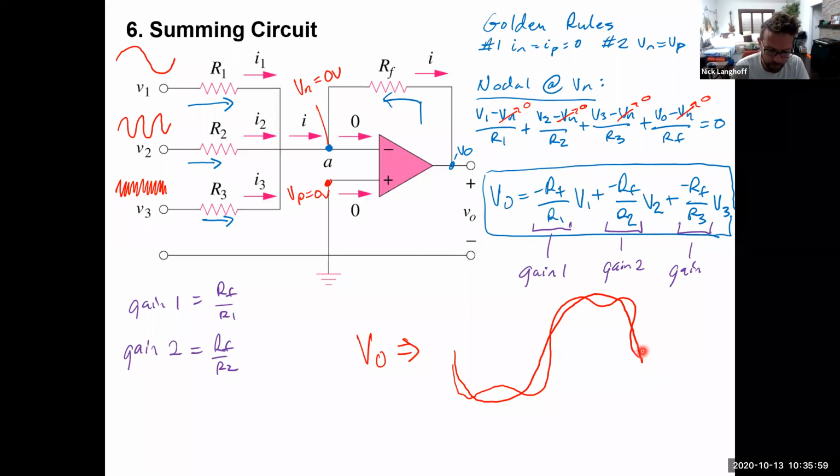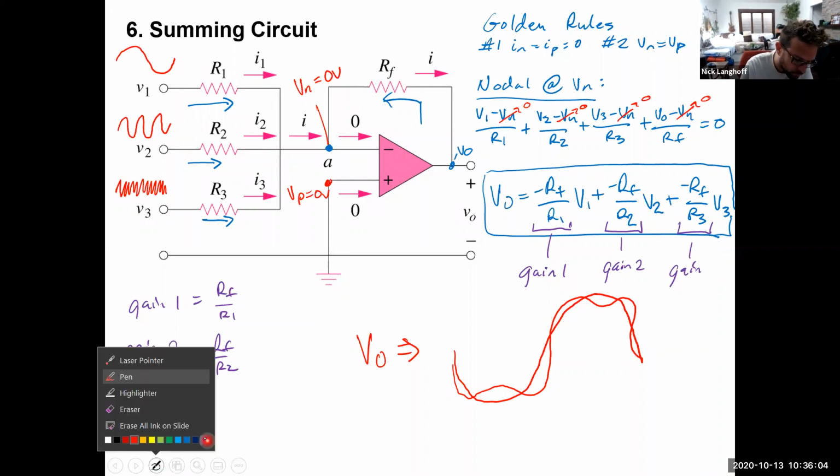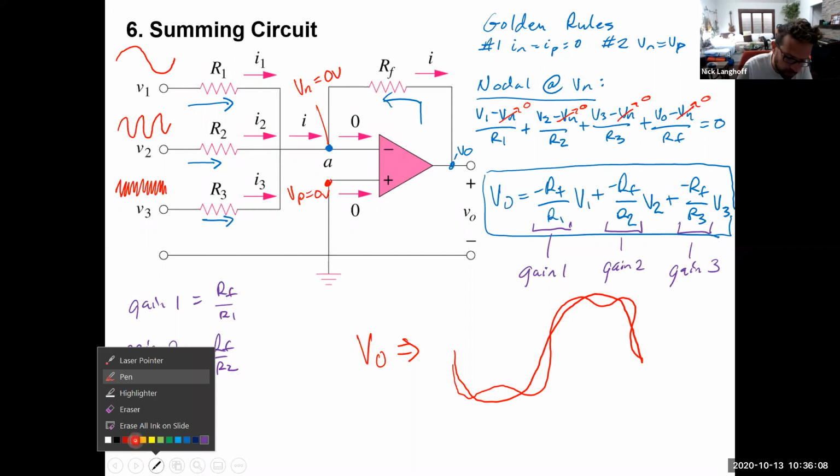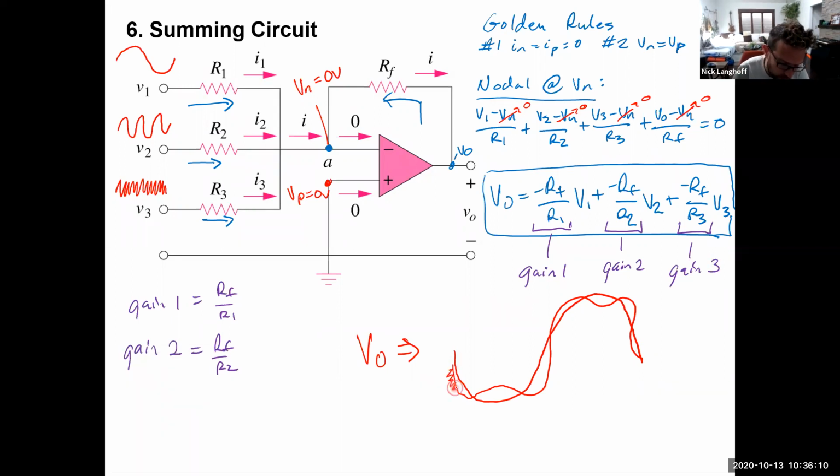And then finally, when you add on the signal for signal 3, again, it'll depend on how much there is on gain 3. You're going to see that extra signal on top of here.